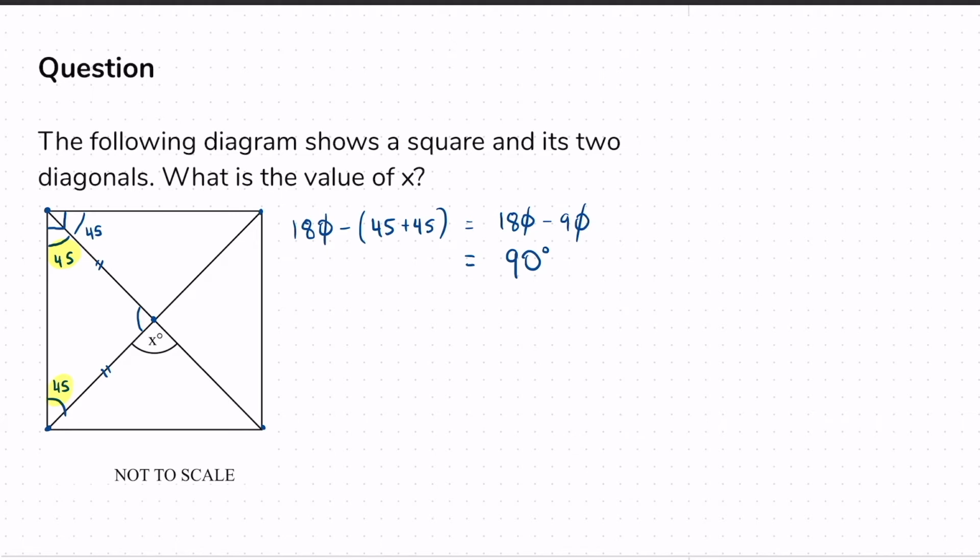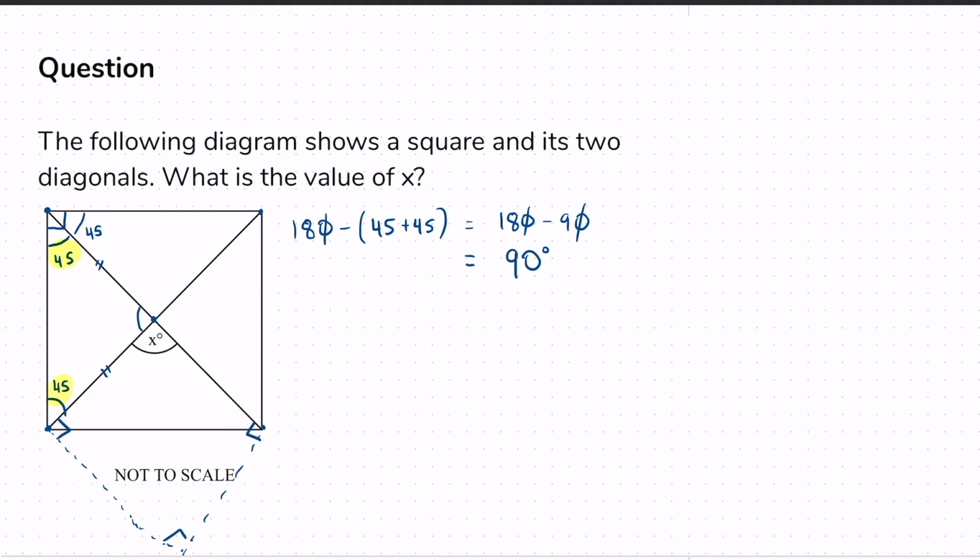We can also see this if I were to extend this out, and almost tessellate this, you'd be able to see it, because it's going to make another square. And in making another four-sided square, each of those angles is going to be equal to 90 degrees.